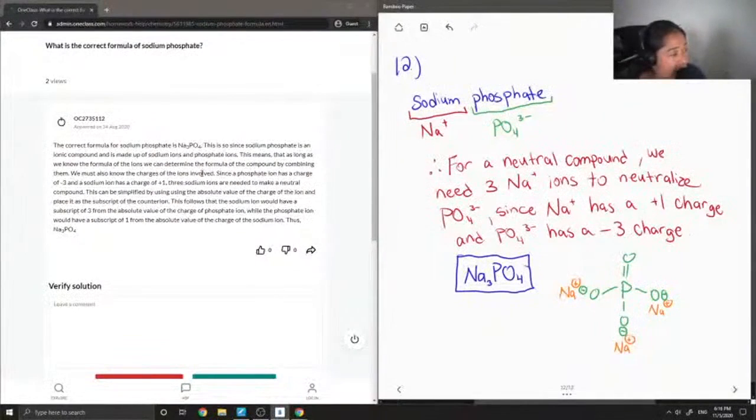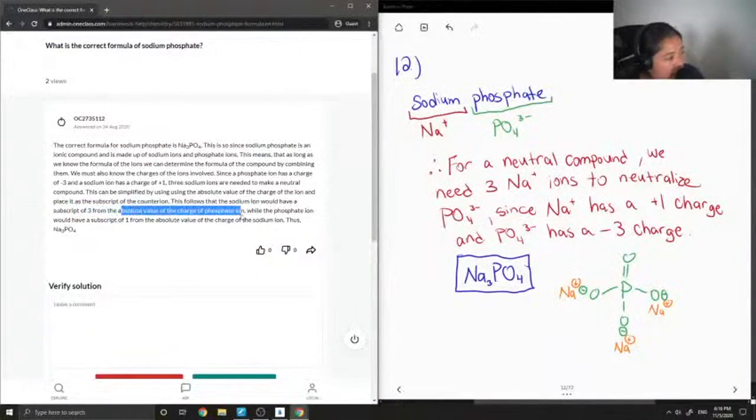This can be simplified by using the absolute value of the charge of the ion and place it as the subscript of the counter ion. This follows that the sodium ion would have a subscript of 3 from the absolute value of the charge of the phosphate ion, while the phosphate ion would have a subscript of 1 from the absolute value of the charge of the sodium ion.